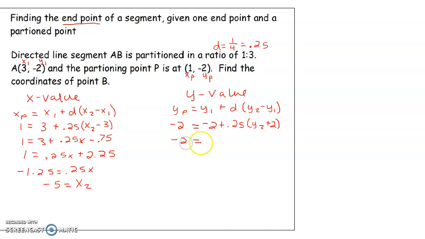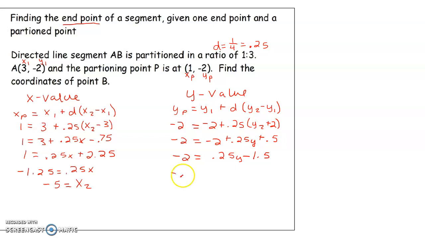I'm going to follow the algebra. I'm going to distribute. I'm going to make this just y at this point. Positive times a positive. Combine my like terms. And then a negative 2 and a positive 0.5 is a negative 1.5. Add 1.5 to both sides.